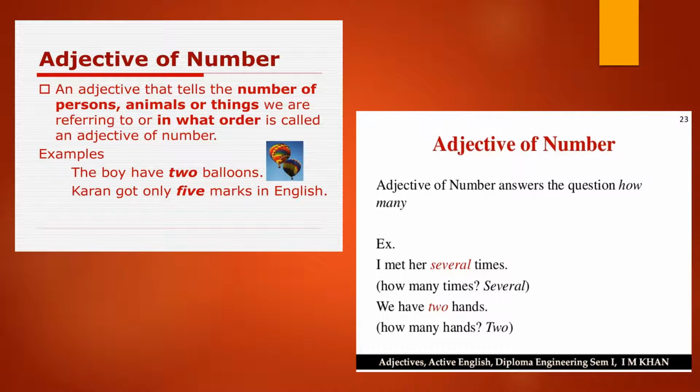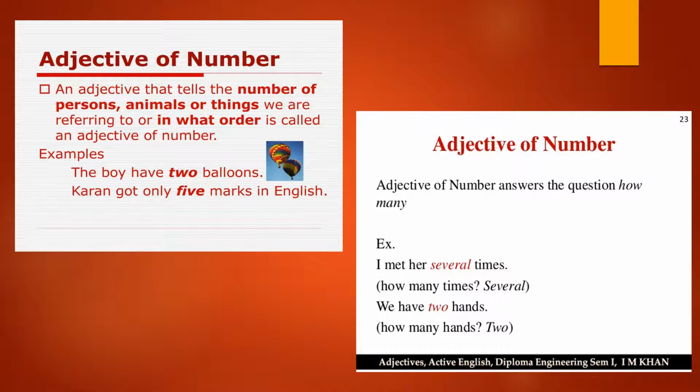Now take other examples. Most boys like to play cricket. There are no eggs in the refrigerator. A rainbow has 7 colors. In these sentences, most, no and 7 are adjectives of number.